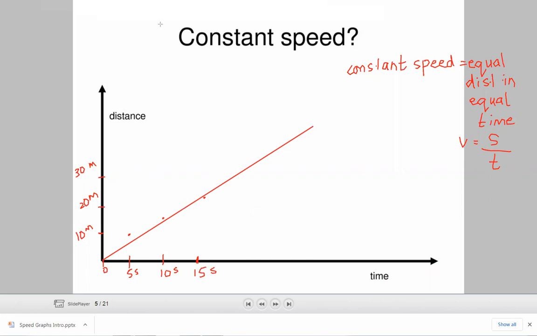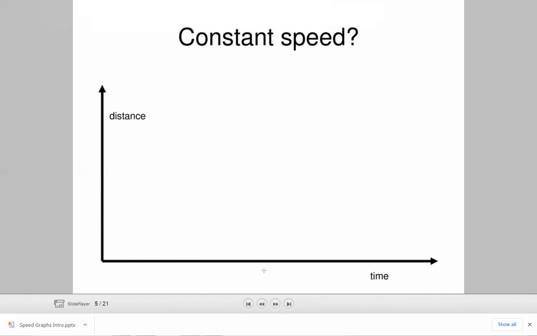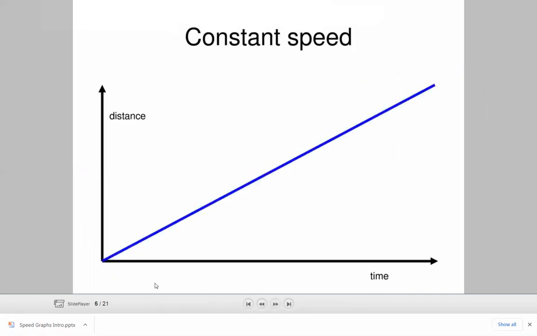Got it? So now, if you move forward, a slanting straight line represents a constant speed.